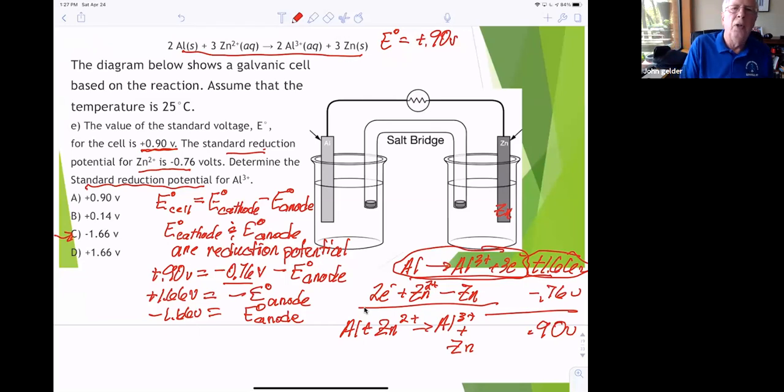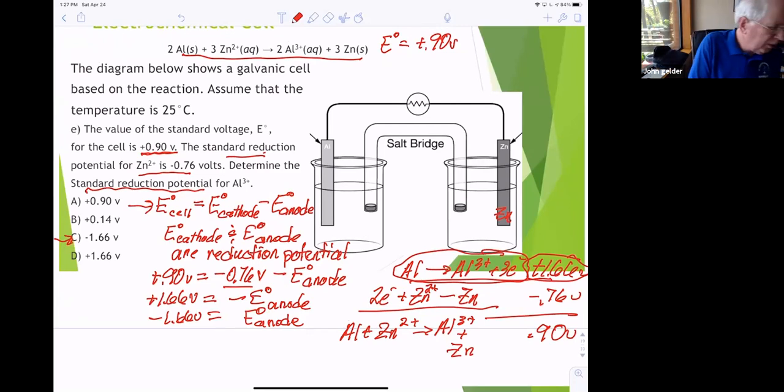And this is the reason why I like us to remember this mathematical equation, because that equation always calculates the standard reduction potential. We always use standard reduction potentials for the E zeros at the cathode or the anode.